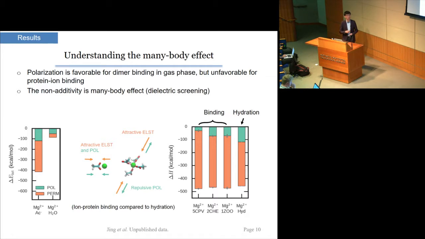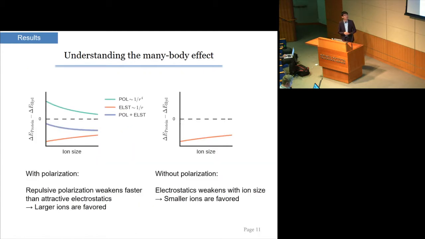Because the many-body effect can be considered as the dielectric screening, it is always repulsive. If we subtract the hydration enthalpy from the binding enthalpy, we will obtain a negative number for the electrostatics component and a positive number for the polarization component.